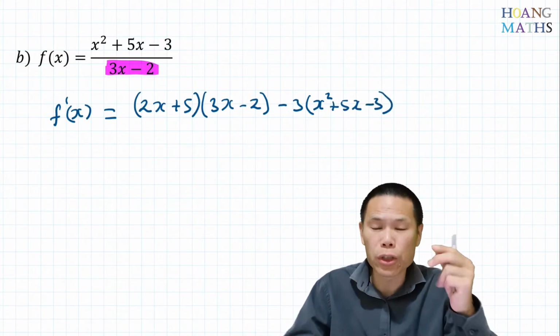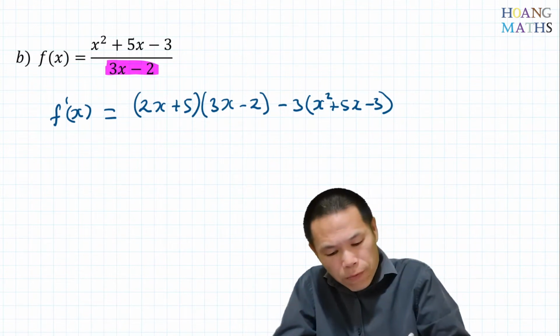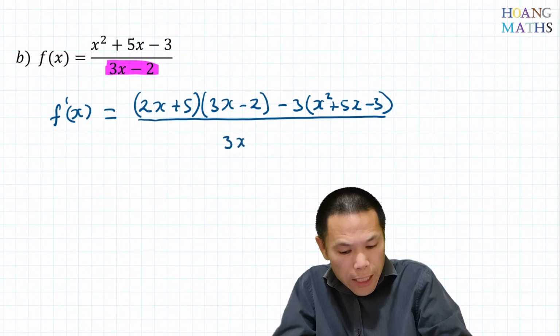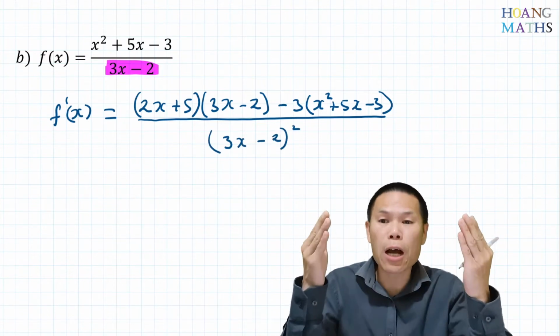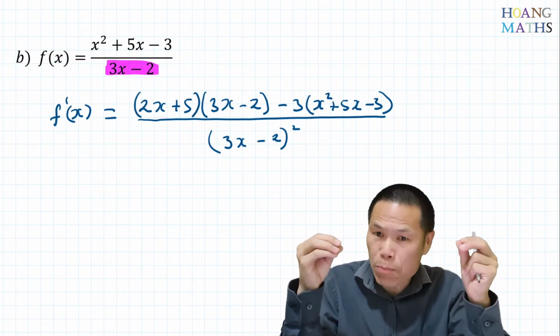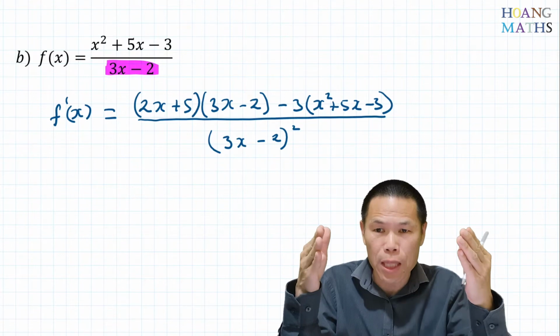There you go. Then we go over the bottom function squared, just over 3x minus 2 squared. So this is how you differentiate. But then we need to expand the brackets and then we simplify further, okay?